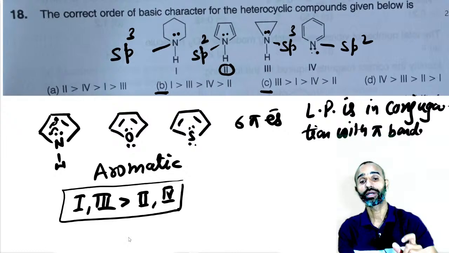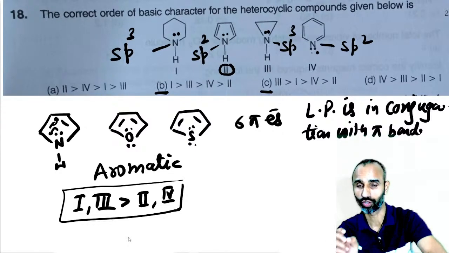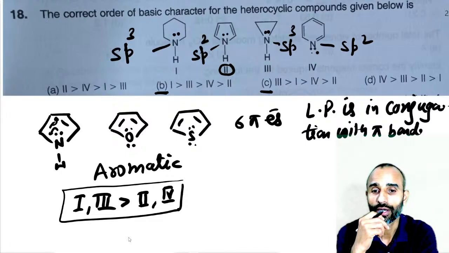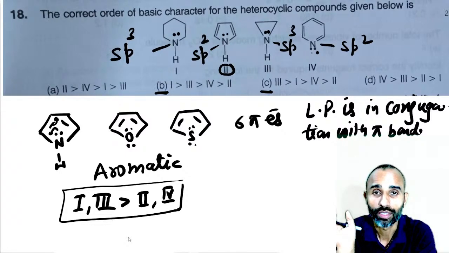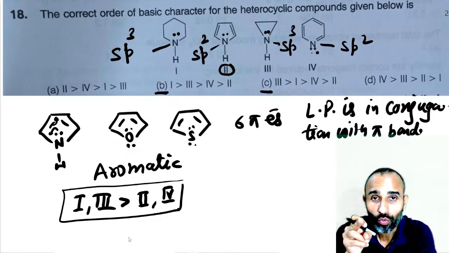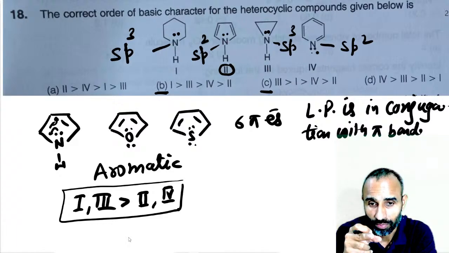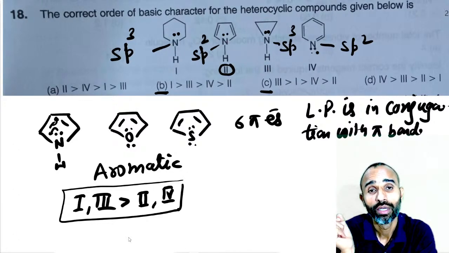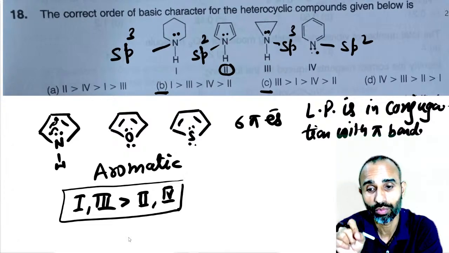But when we compare second and fourth, second one has no lone pair. Though lone pair is appearing on it, that lone pair is a part of pi electron cloud because lone pair is in conjugation with pi bond.